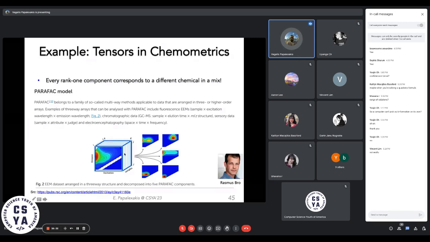And it turns out, really beautifully, as Rasmus has shown, that each one of those elementary data matrices, remember, or data tensors really, those rank one things, those elementary pieces of information in the data, map one-to-one to the signatures of different kinds of chemicals in the mix. So essentially, once we find those patterns, each one of them is a unique signature of the chemicals in the mix. And this way we can uncover what the chemicals in that mix are, right?